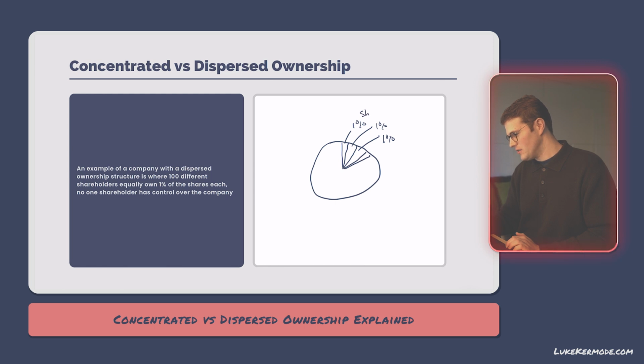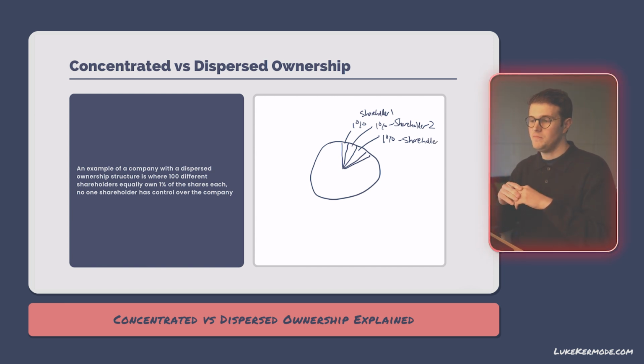Each shareholder, so that would be shareholder 1, shareholder 2, etc., etc. So no shareholder has control over the company. No shareholder can dominate board meetings and have majority sway over the direction of the company. Each shareholder is considered a minority shareholder. There's no dominant owner of the business who overpowers the other shareholders in the ownership structure.